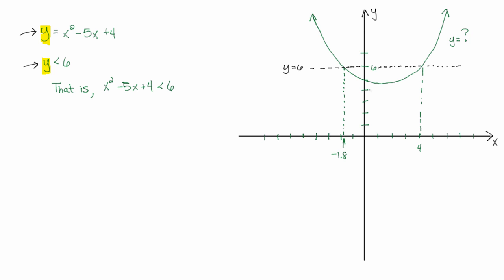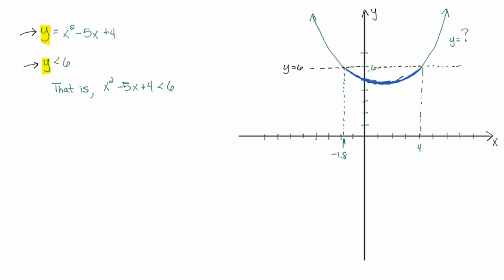So when x is between negative 1.8 and positive 4, the parabola actually lies below a height of 6. So I'm just shading it in here. It's in this region, this area that I'm shading, that's when I'm below a height of 6.